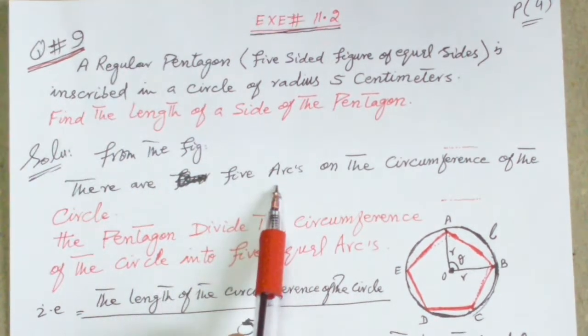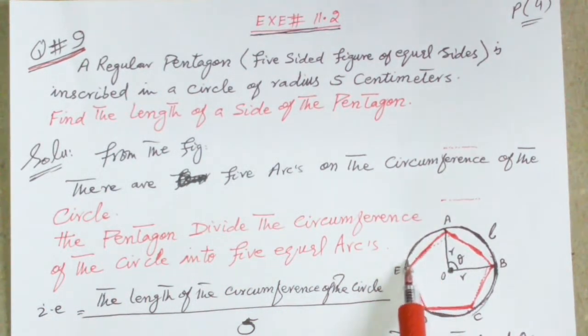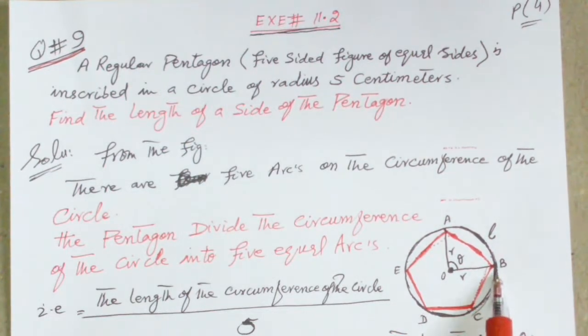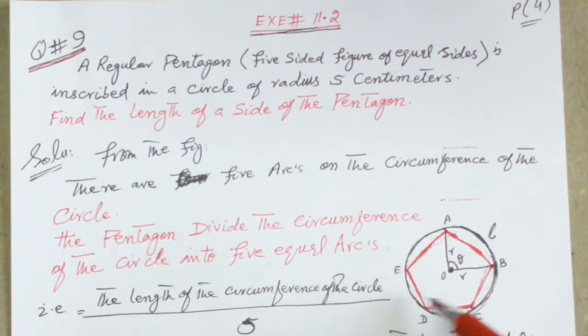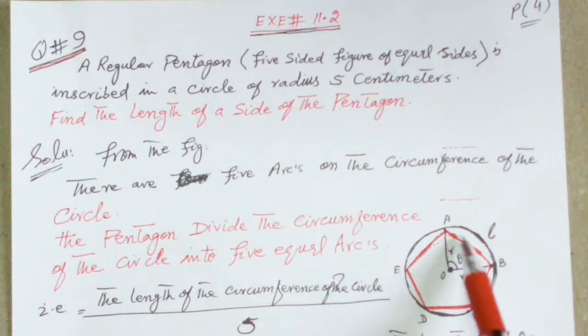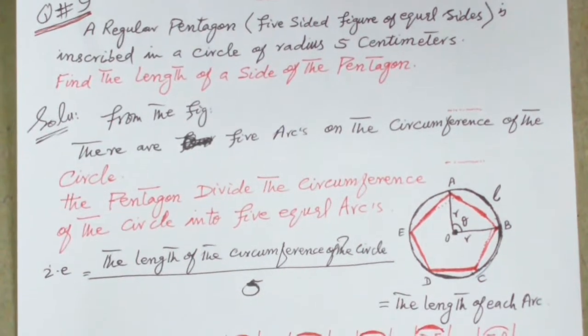There are 5 arcs on the circumference of the circle: 1, 2, 3, 4, and 5. These are the 5 arcs. The total circumference of the circle is divided into 5 equal arcs because the pentagon has 5 sides of equal length.